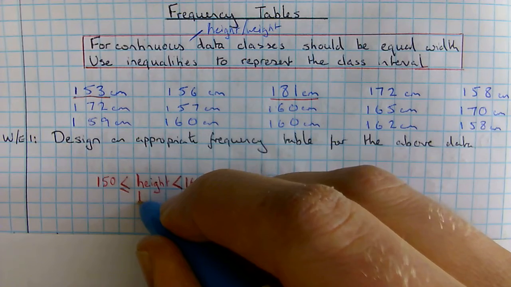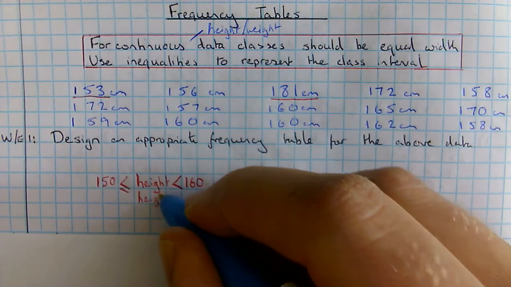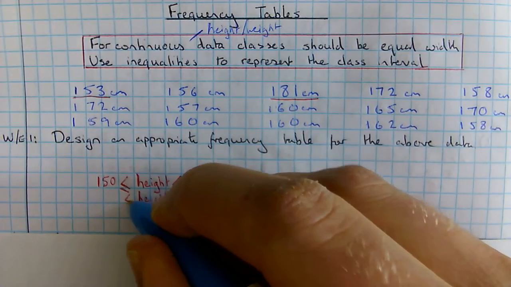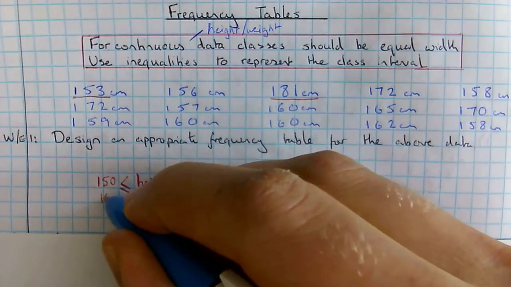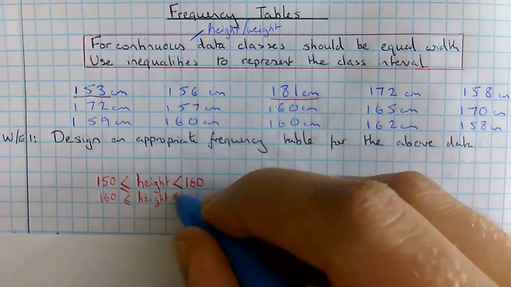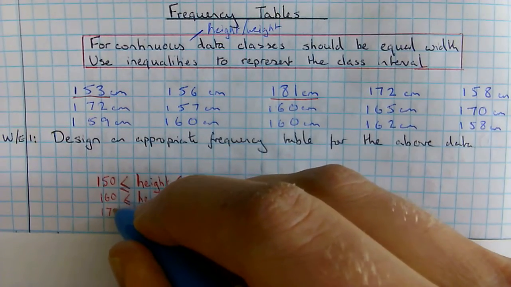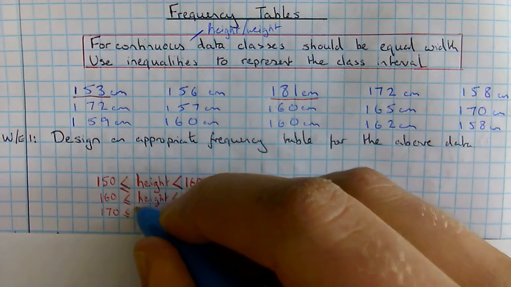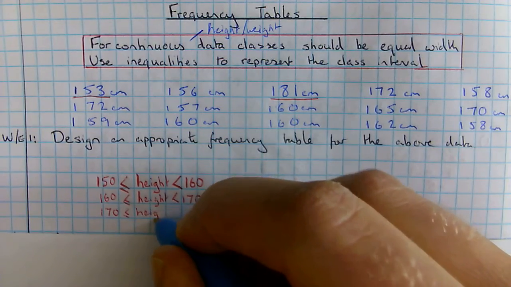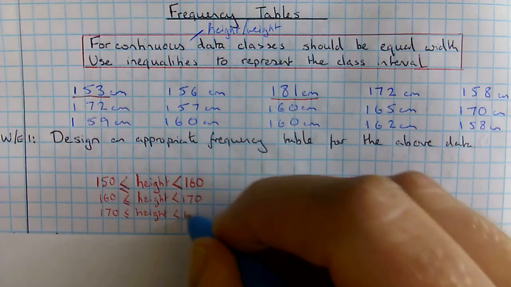My next class interval is going to be from 160, and it includes 160, but doesn't include 170. And then I've got exactly the same for 170 to 180, and 180 to 190.